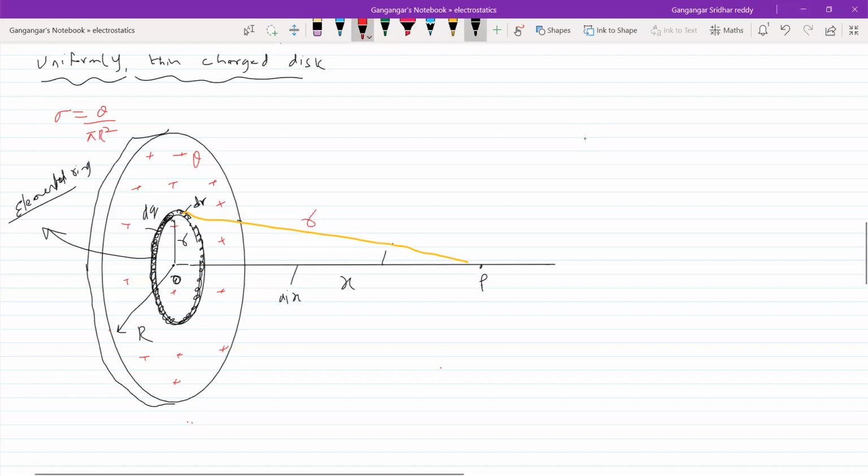Call this distance R. Now write the expression: dV is equal to K dq by R, the potential at point P due to the elemental ring.